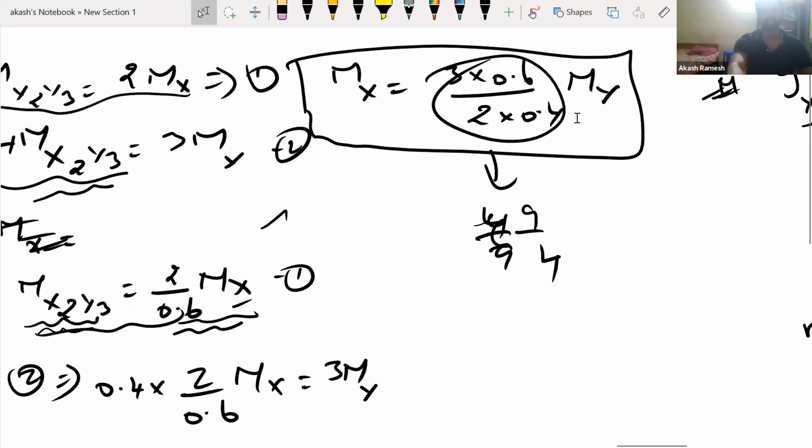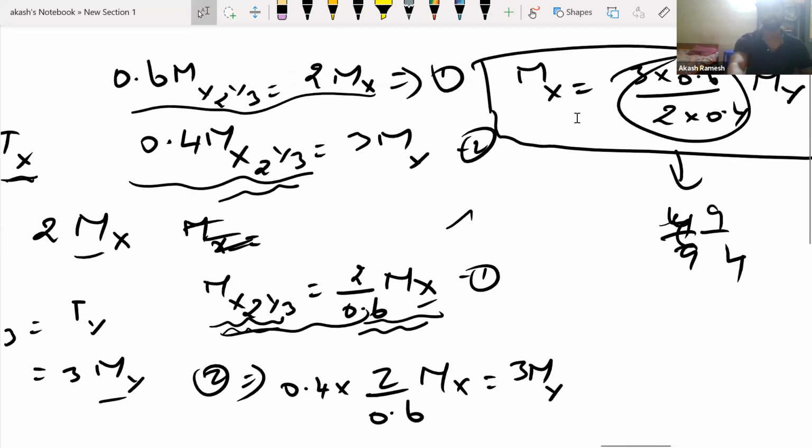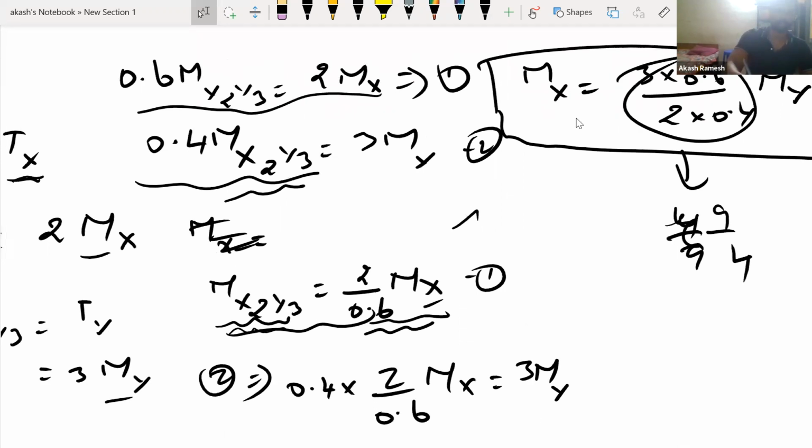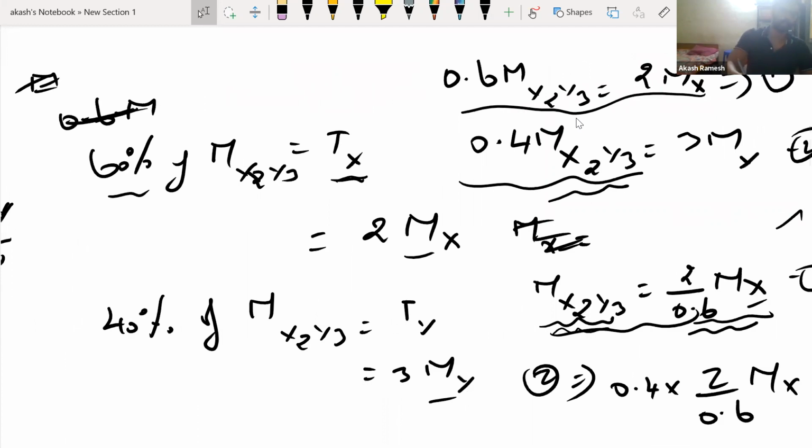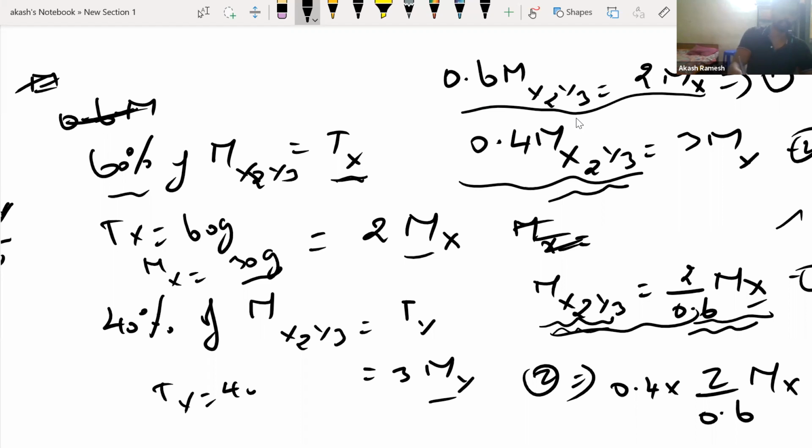So the 60 grams is the total mass of x. So I can write tx as 60 grams directly, so then I will get the molecular mass of x itself as 30 grams. Same way I can write total mass of y to be 40 grams.